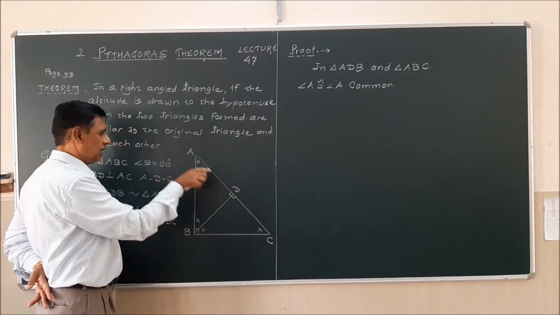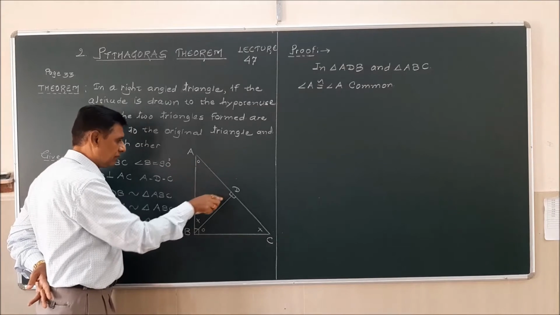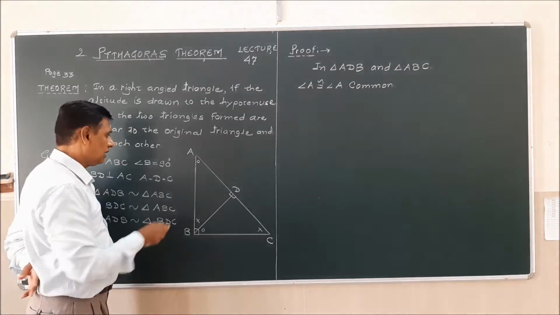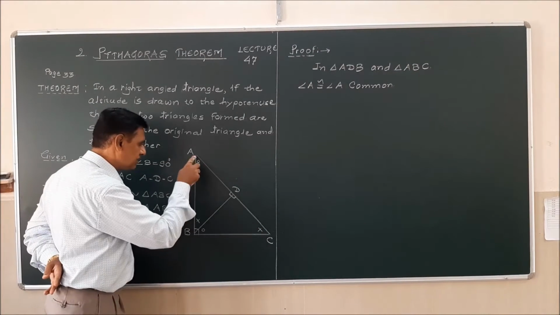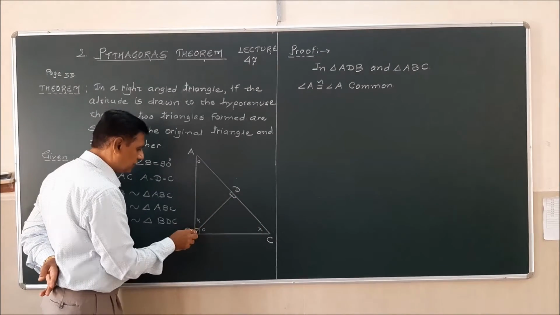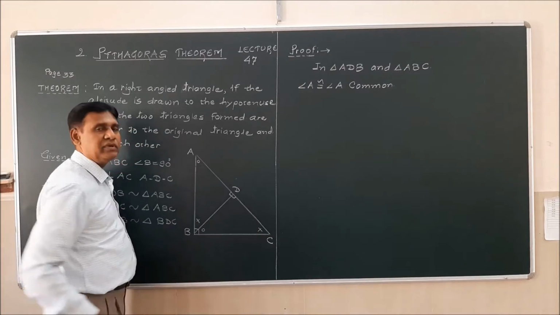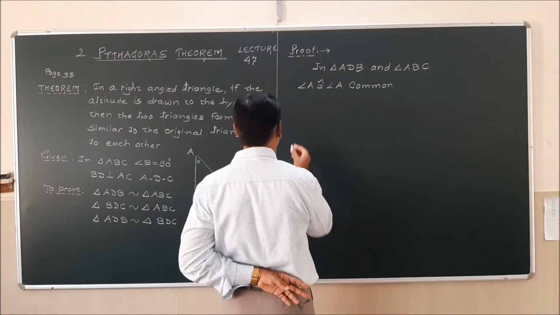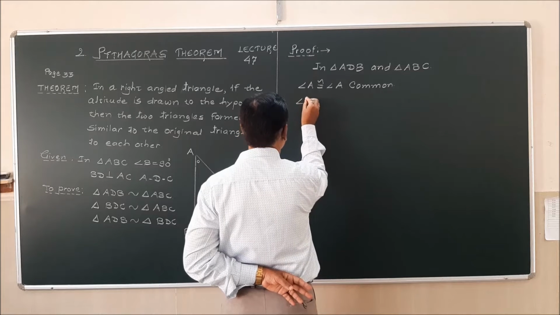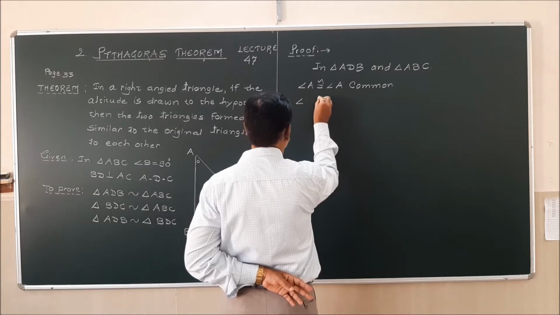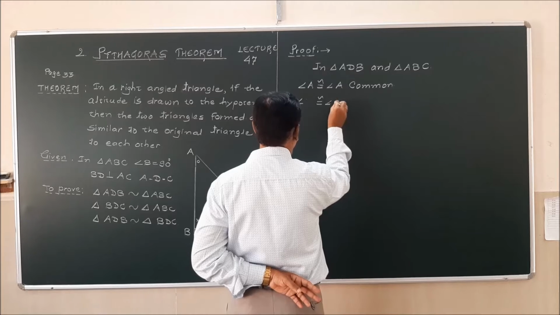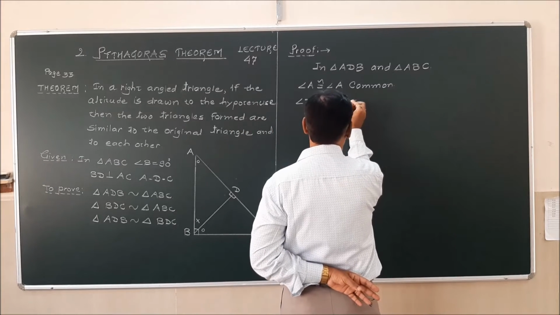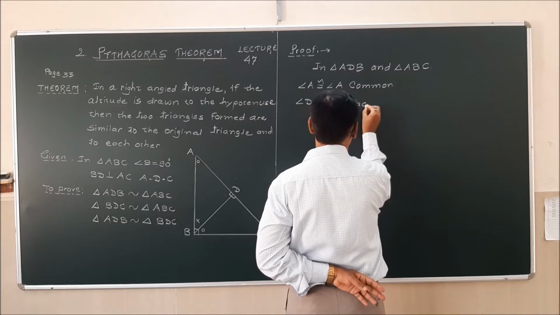Now, if you see in triangle ADB, you will find angle D is 90 degrees. And if you see triangle ABC, angle ABC is 90. Therefore, you will get angle B is congruent with angle D. Reason is it is 90.